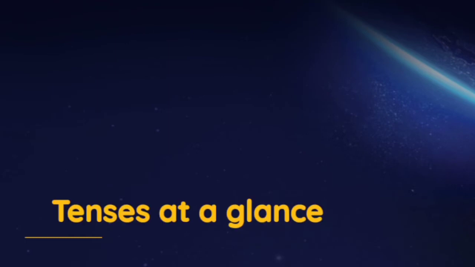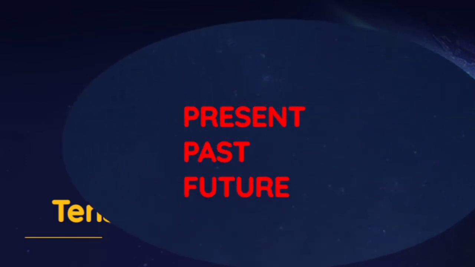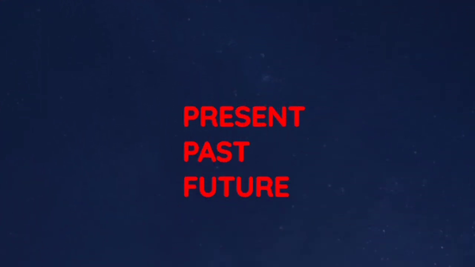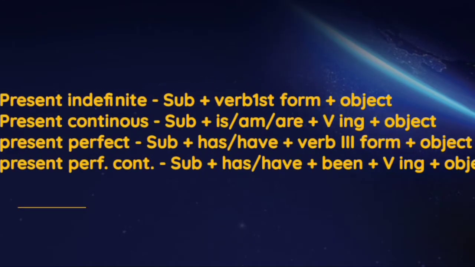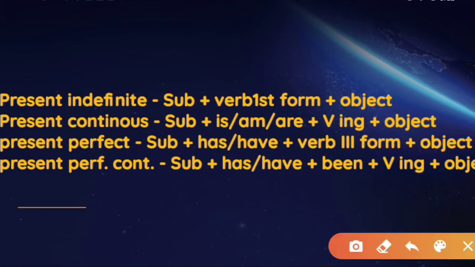So we will have a quick review of the chapter tenses. We all know that tenses are of 3 types: present, past and future. Present is today, past is yesterday and future is tomorrow. So these are the rules for present indefinite, present continuous, present perfect and present perfect continuous.